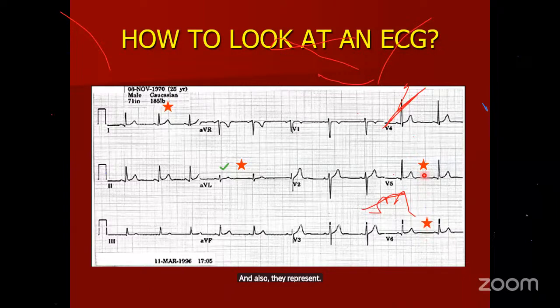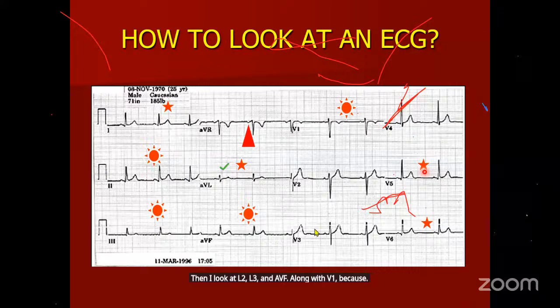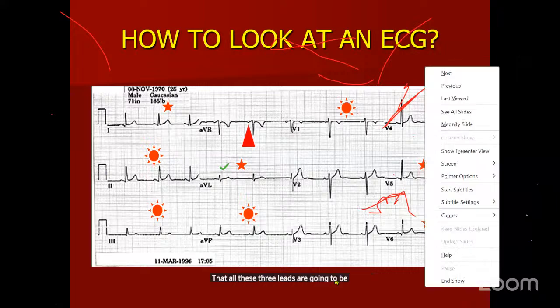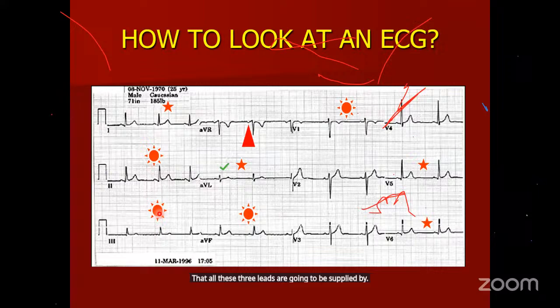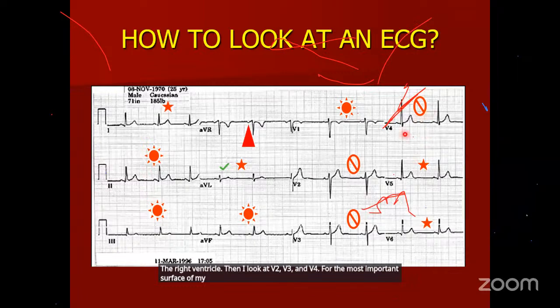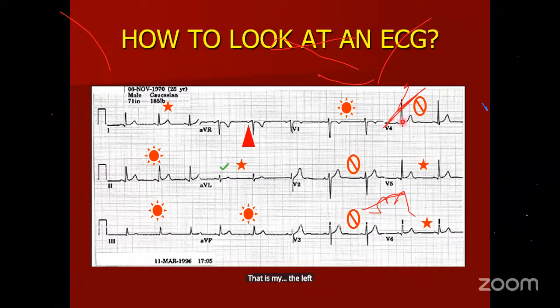and also represent the circumflex perfusion territory. Then I look at L2, L3 and AVF along with V1, because these leads are supplied by my right coronary artery. Lead 2, lead 3 and AVF, along with V1, represent the right ventricle. Then I look at V2, V3 and V4 for the most important surface of all, the left ventricle and interventricular septum.